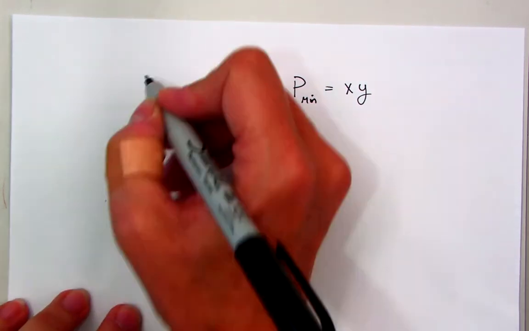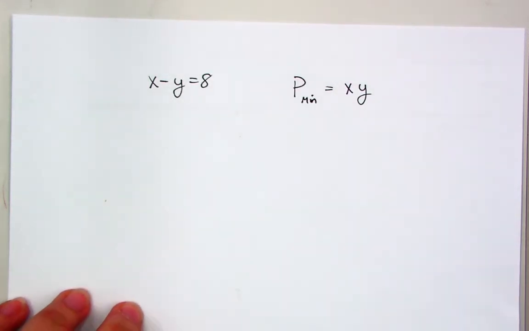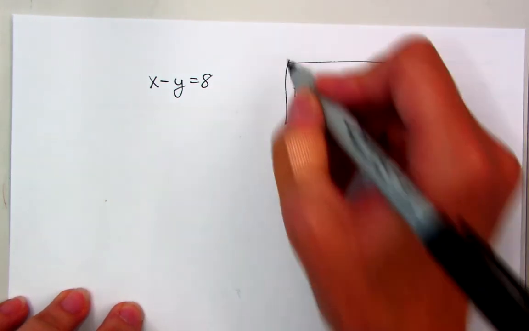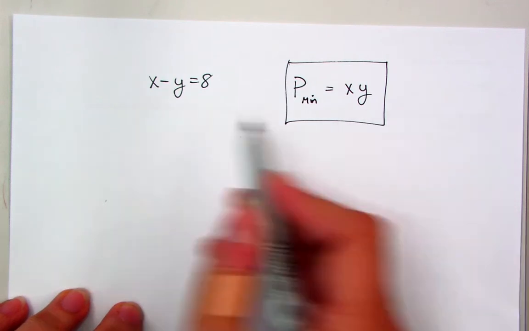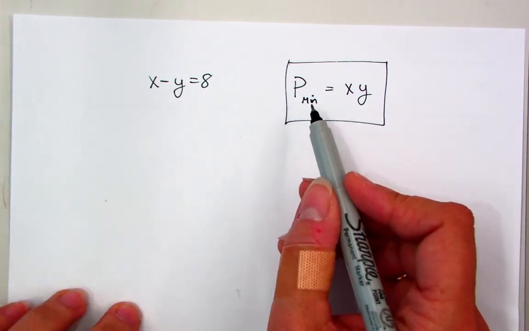The difference is 8. I have 2 equations and 2 unknowns. But what I'm trying to find is a pair of numbers whose difference is 8 that has the smallest product possible.